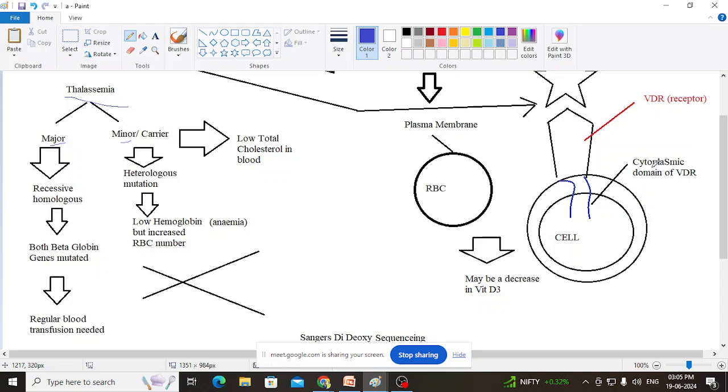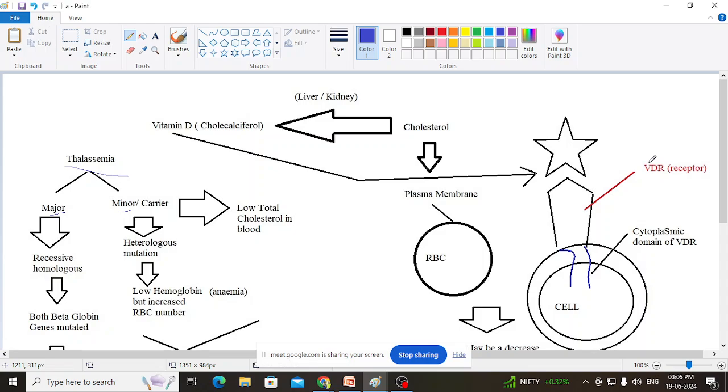Now an increase in the number of RBCs is in turn connected to low total cholesterol in the blood. Okay, we discussed these things. So low total cholesterol means what? Low total cholesterol in turn is related to low vitamin D concentration. Why? Because cholesterol is the raw material for the formation of vitamin D3. Cholesterol is also present in the plasma membrane of RBCs.